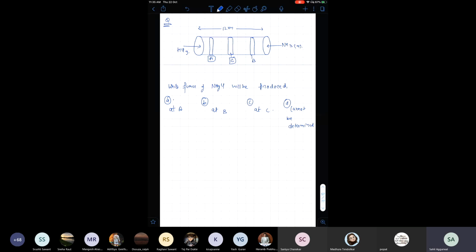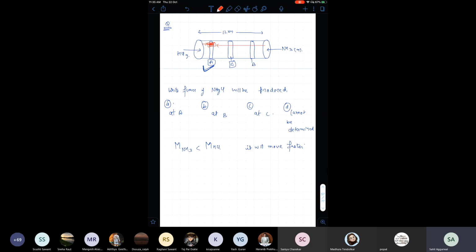That's what I was asking. So NH3 mass is less, it will move faster, faster तो वो यहाँ मिल जाएंगे. Very good, Sanjana.